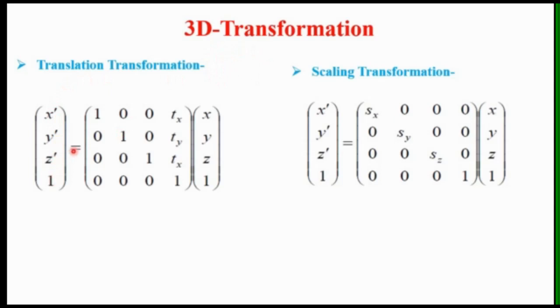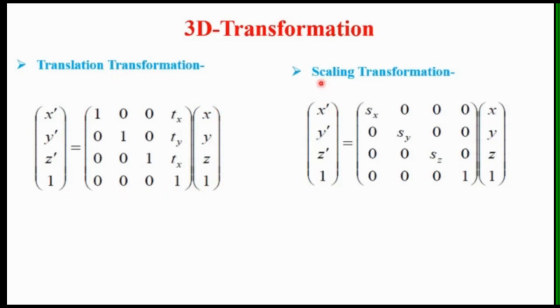To calculate the coordinates of this new position, a transformation matrix is required: 1 0 0 tx, 0 1 0 ty, 0 0 1 tz, 0 0 0 1. This is the transformation matrix in 3D for translation, and x, y, z and 1 are the original coordinates of the object. By multiplying this we will get the new coordinates.